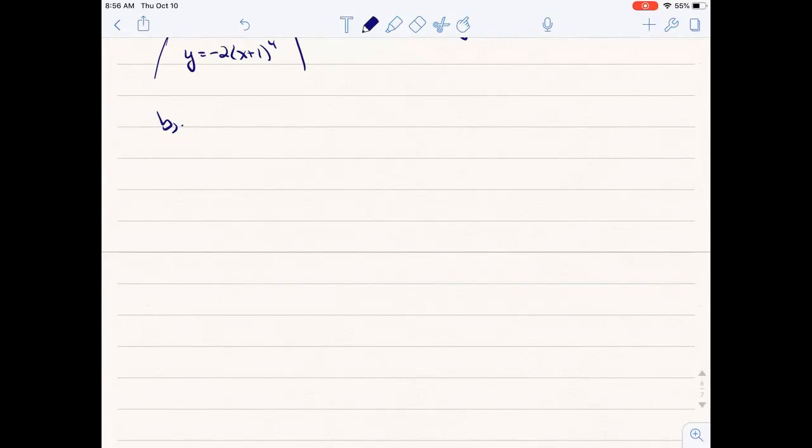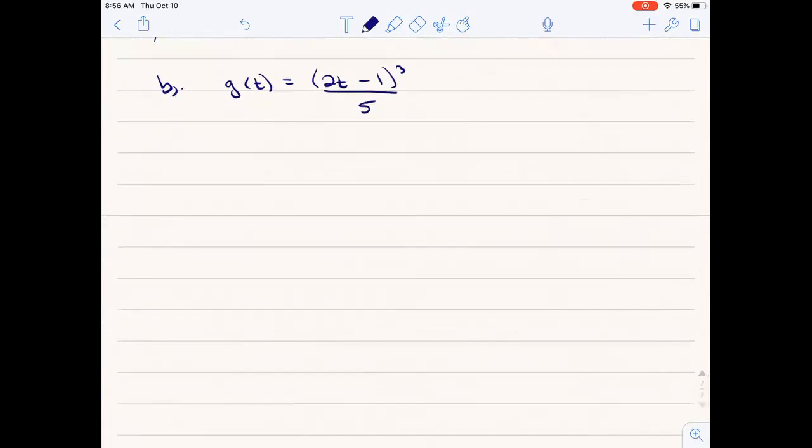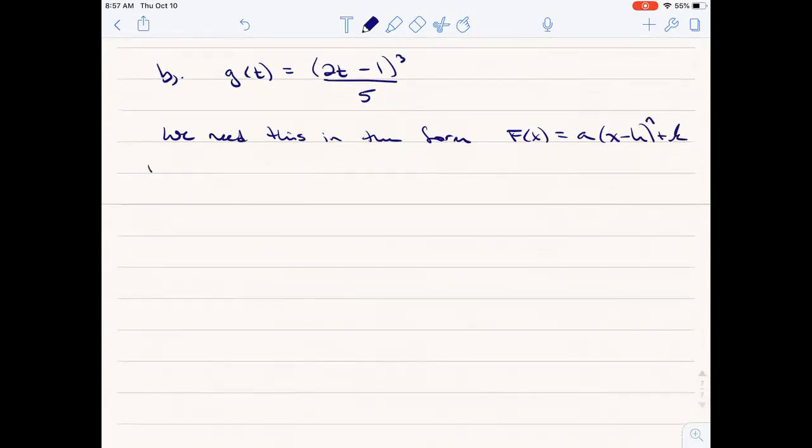Remember, we've got g of t is 2t minus 1 to the 3 over 5. We need this in the form f of x equals a times x minus h plus k, to the power of n, in order to apply the steps.